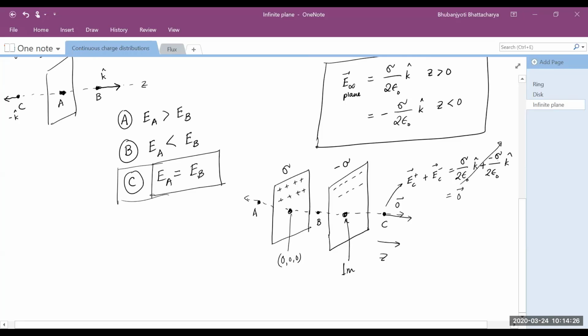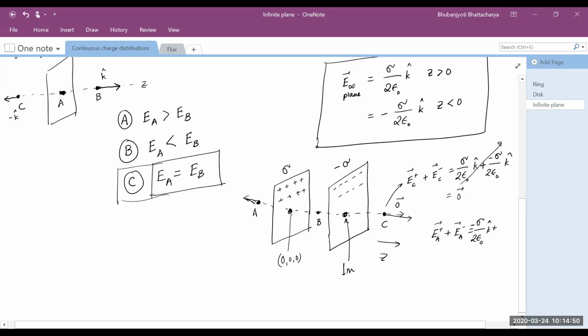Similarly, if I wanted to find the electric field at A, I'd do the same thing. EA plus vector and add it to EA minus vector. And so that's going to be sigma over 2 epsilon 0 k hat plus... So this time the electric field due to the plus charge is pointing in the negative z direction.